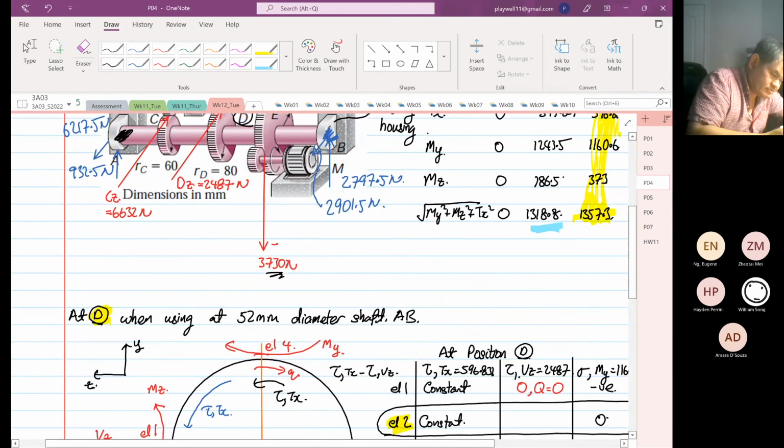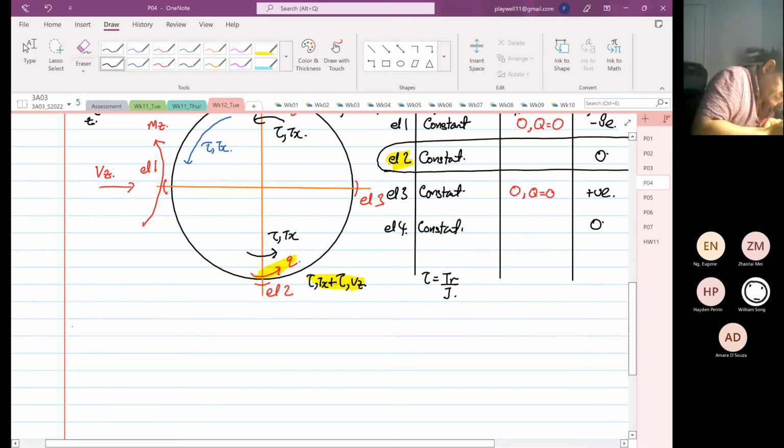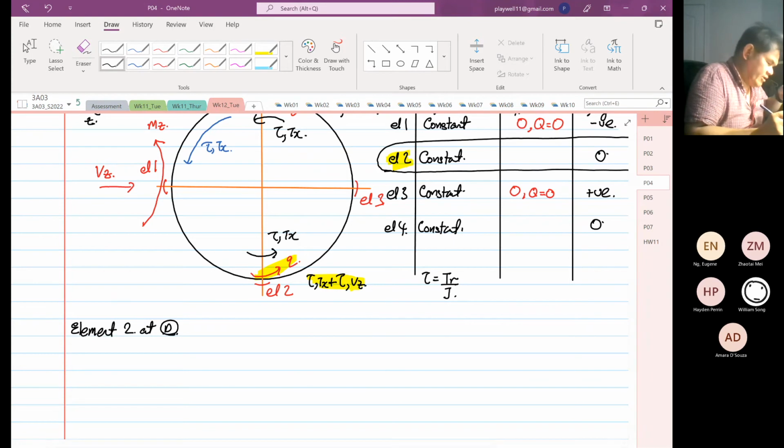Okay, so now we are going to look at element 2. We're going to consider element 2 at point D. So we are going to calculate the torque first, or the shear stress due to torque.